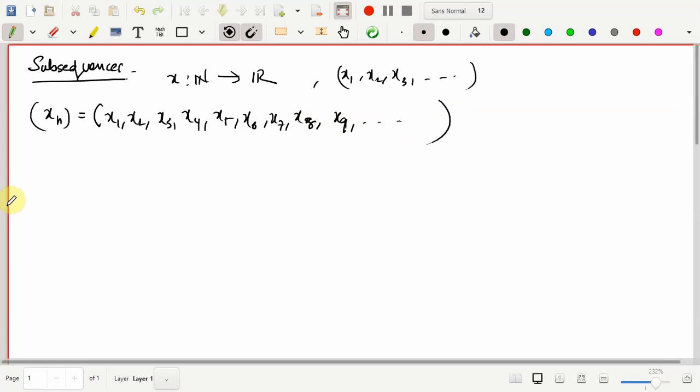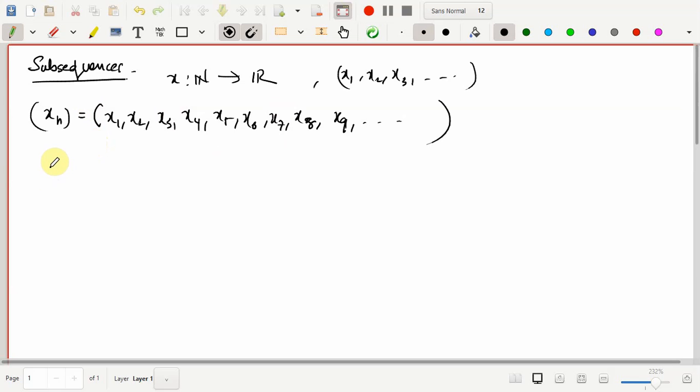This is the original sequence whose domain is the set of natural numbers. Now if I restrict some infinite subset of the natural numbers as the domain of this function, then we may skip certain terms without changing the order of the terms of the sequence.